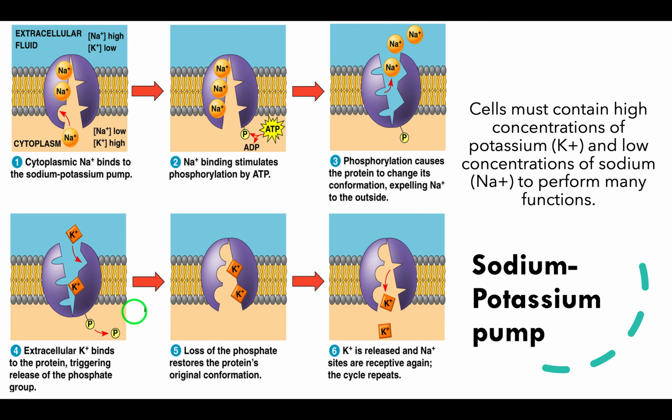Continuing where we left off, potassium ions from outside the cell bind to the same carrier protein and trigger the release of the phosphate group attached earlier. When the phosphate was removed, this caused the protein to change back to its original shape, and the potassium ions it carries are taken inside.